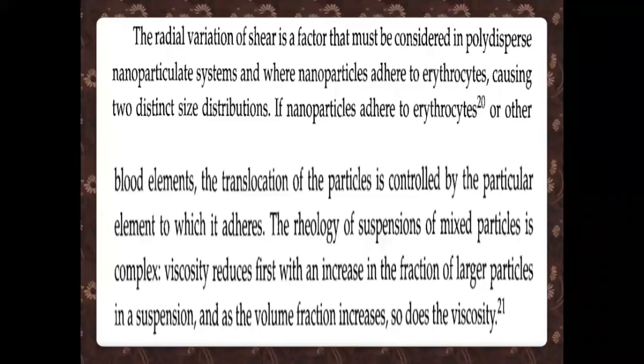The erythrocytes are RBC, red blood corpuscles present in the blood. Some of the nanoparticles may join or adhere to the erythrocytes. So if nanoparticles adhere to erythrocytes or other blood elements, the translocation of these nanoparticles is controlled by the particular element to which it adheres.